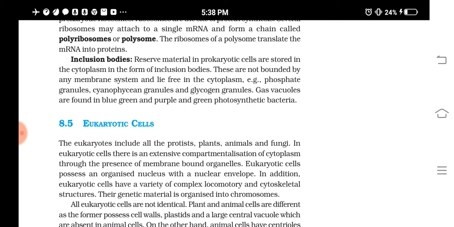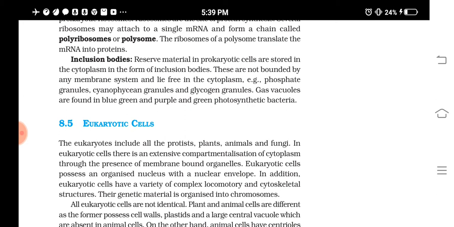So about the prokaryotic cell, you got an idea, right? The typical example is a bacterium. It will have the outer protective layer called what? Glycocalyx. If it is loose, we call it what? Slime layer, and if it is tight, then what? Capsule. After that the cell wall is there, then the cell membrane.